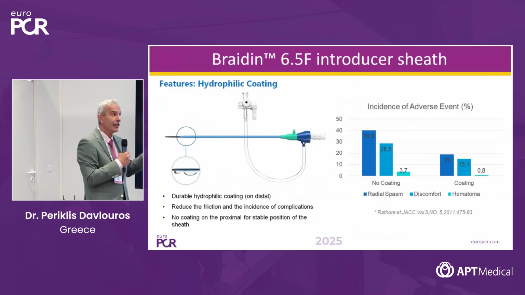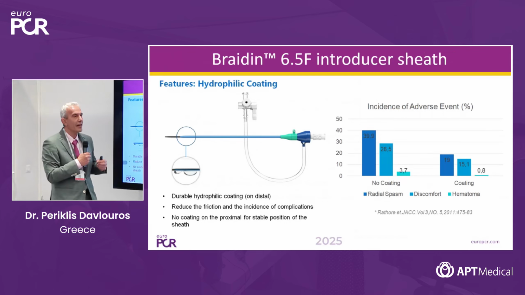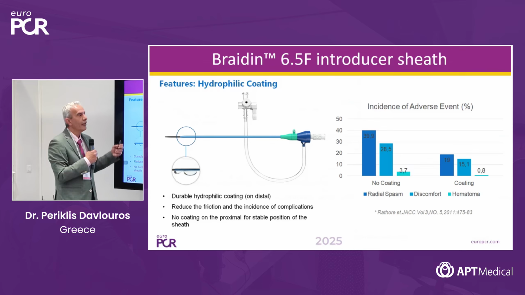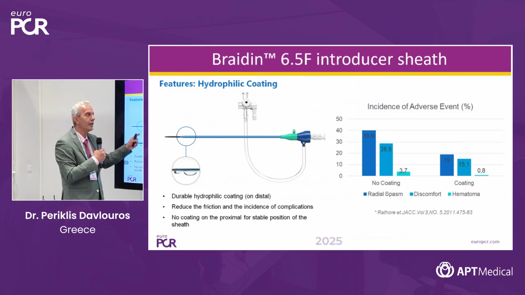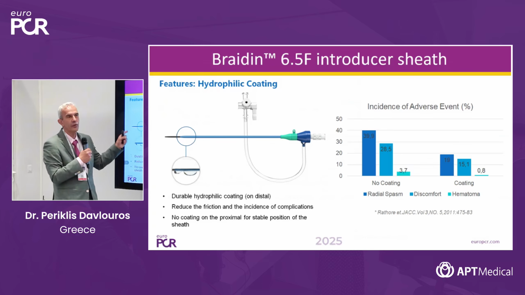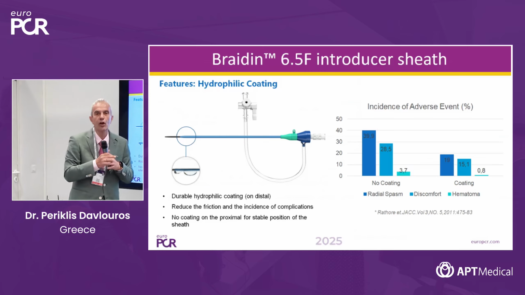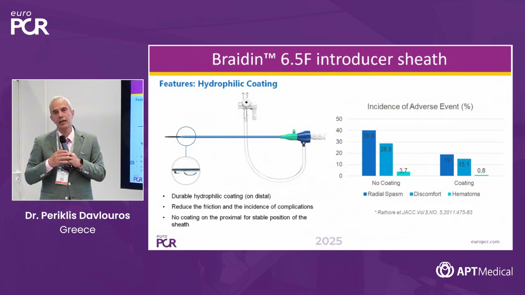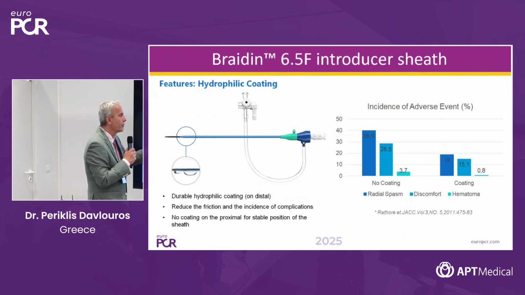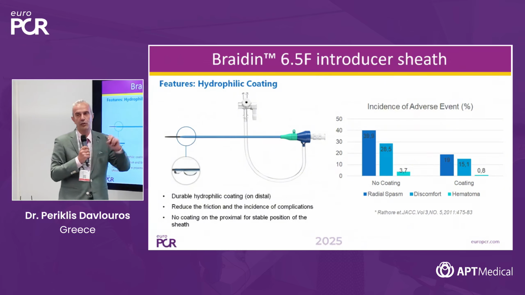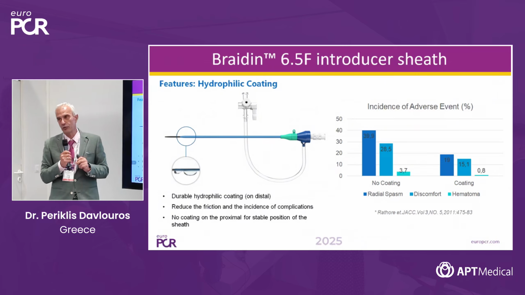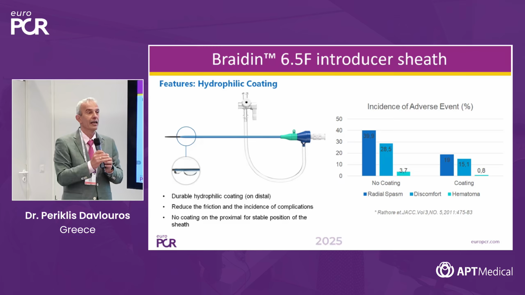Now, this sheath actually has other advantages as well. First of all, it has a hydrophilic distal part, and the hydrophilic distal part is very important for insertion of the sheath into the artery. However, the proximal part is non-hydrophilic, and this is an advantage as well because it is very stable.